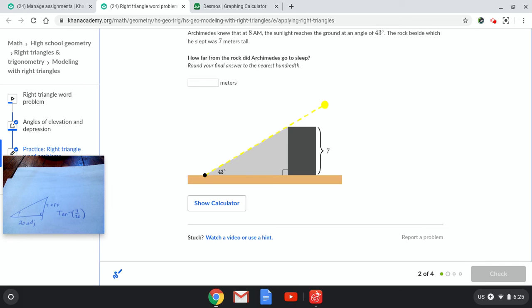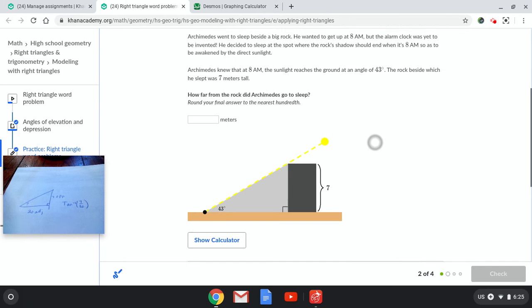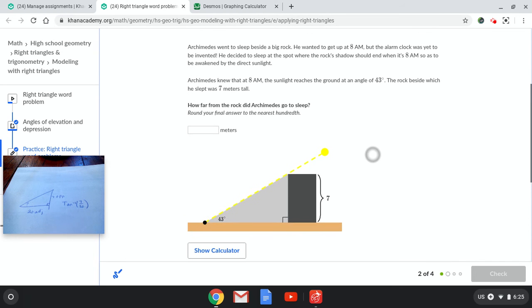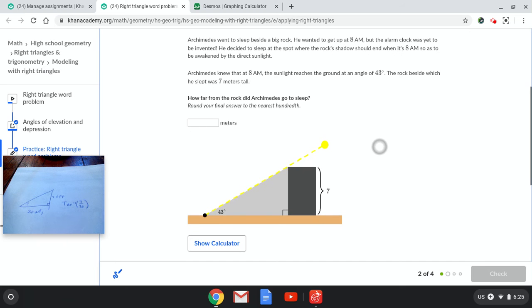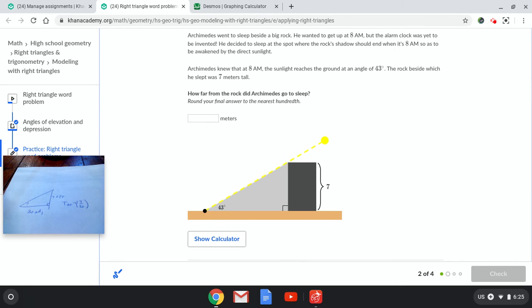Okay. How far from the rock is the Archimedes going to sleep? Okay, so it looks like maybe this one you set up as 43 degrees here. You have 7, and I'm thinking they want X here.